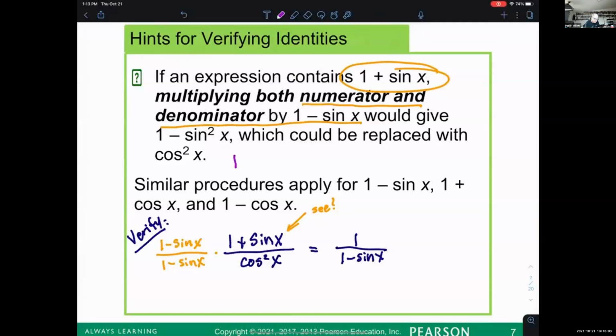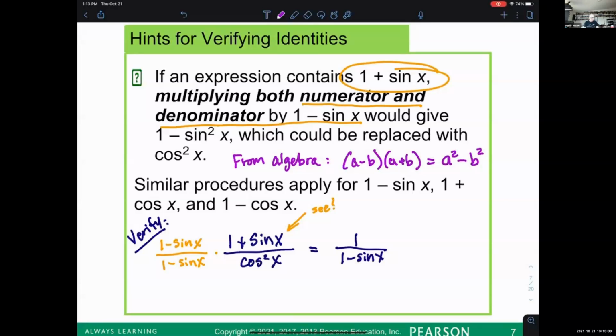So from algebra, we may remember that when you multiply a minus b times a plus b, you get a difference of squares, a squared minus b squared.